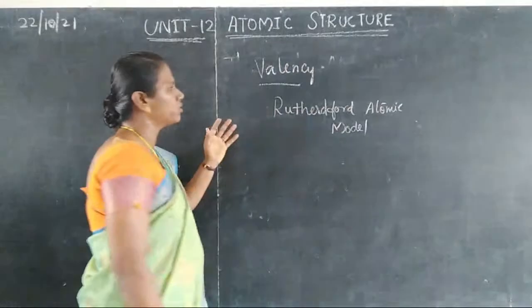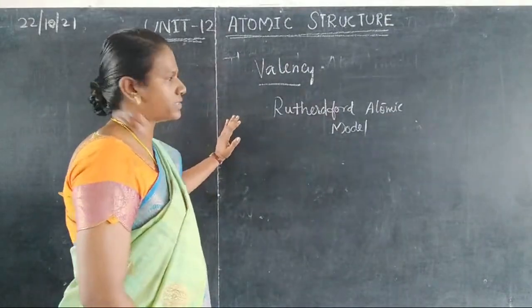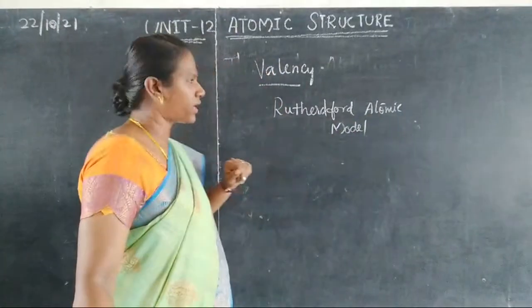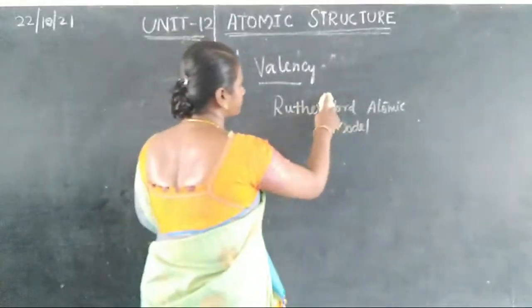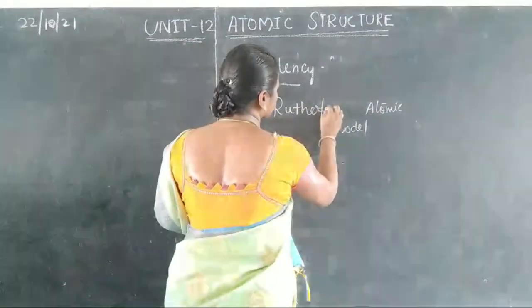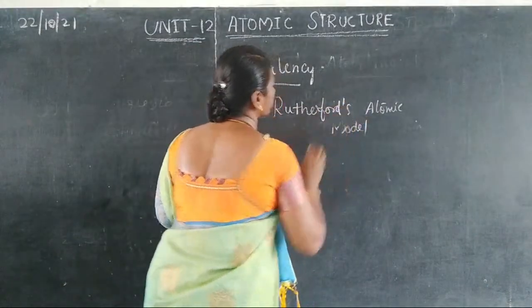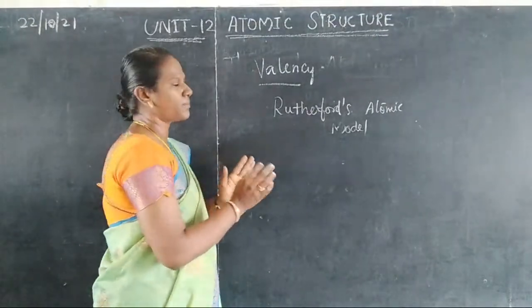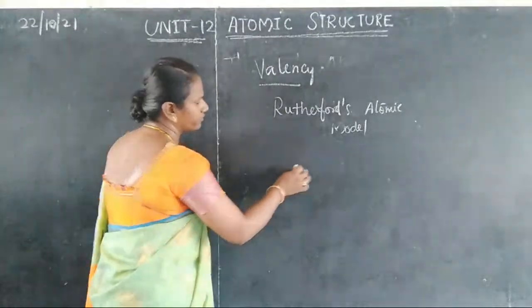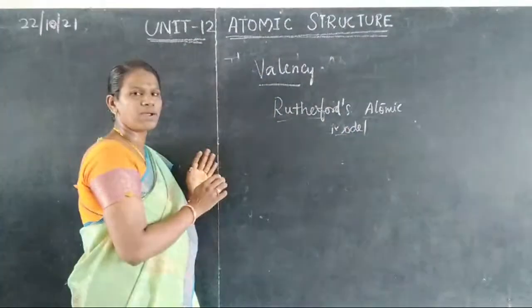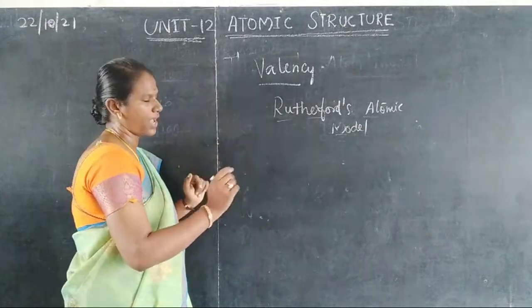Before we learn about valency, we need to know the Rutherford atomic model. He explained how the three subatomic particles are arranged in an atom.